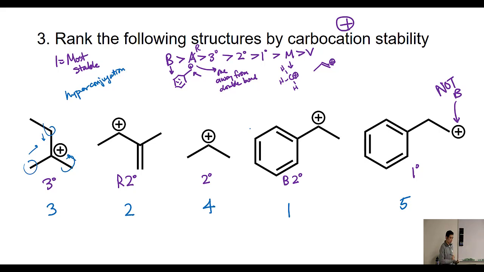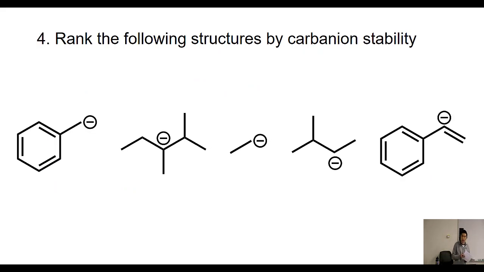Questions, comments? Perfect. So the next one we're going to do is anion. We can think of an anion as a negative ion. Is it the exact opposite of cation? Yes, except benzylic is going to stay. We're going to keep the resonance ones because spreading it out is always better.